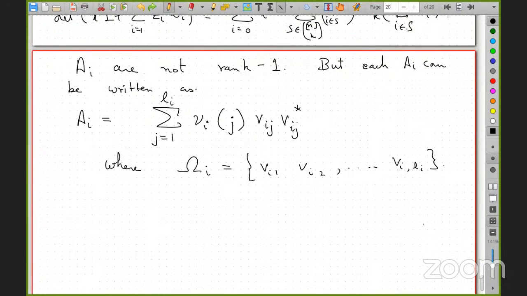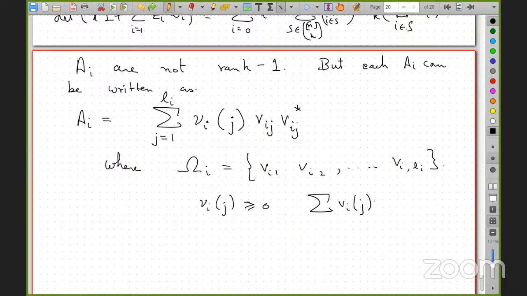And the mu I is a probability distribution. Cannot any PSD matrix be written in this way? Yes, but the point is that AI also has a special thing. It's coming from this probability distribution. So ultimately we want to get to these vectors also. So this is the one we have to use.